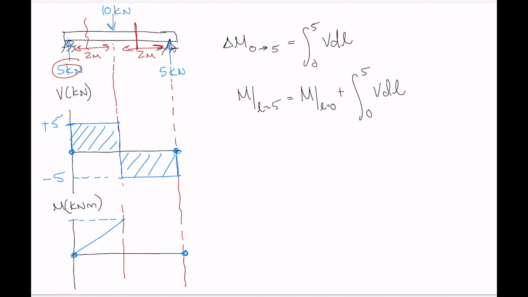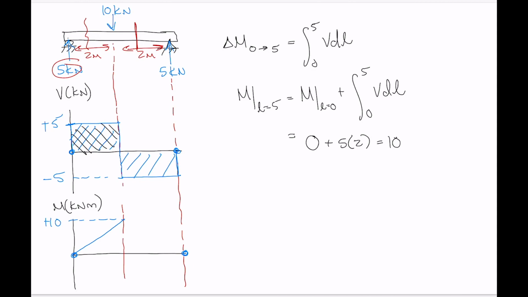Now, the integral between 0 and 5 of V dL is just the area within that portion of the shear diagram, and that's just a rectangle. So this is very easy then. We've got 0 here, our starting moment, and we've got 5 times 2 here, which is 10. Okay, so we've got a value of plus 10 there.